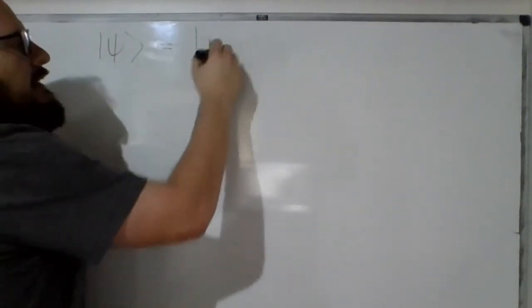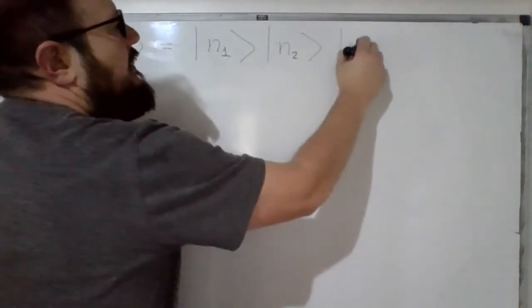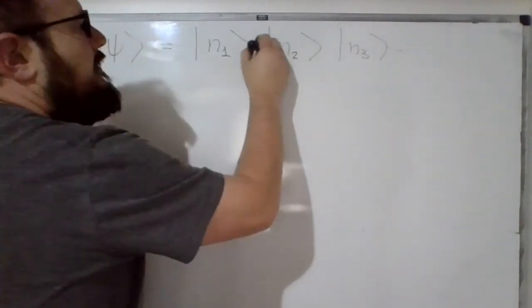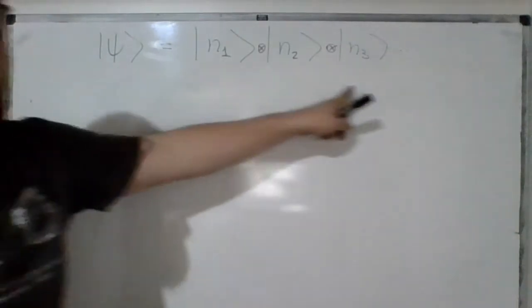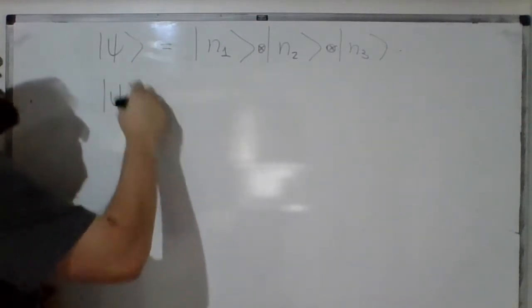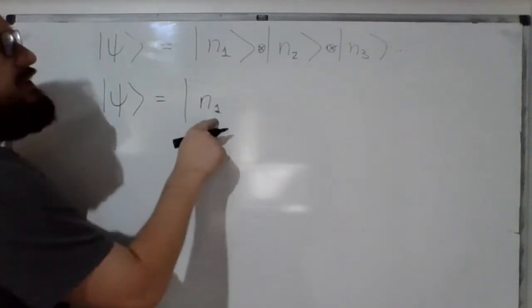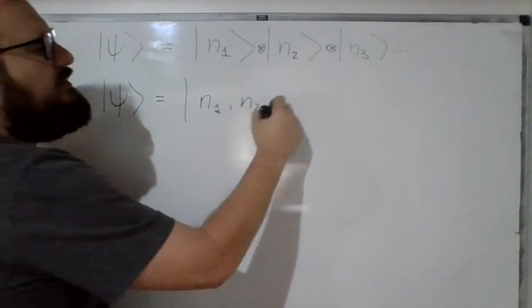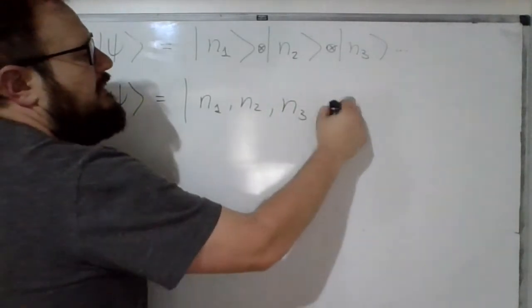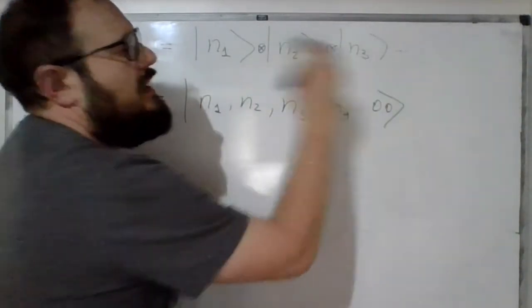So suppose the ket state of your system can be written as a product n1 times n2 times n3, which is a tensor product of states, which can be represented in the number representation as a state with n1 particles in state 1, n2 particles in state 2, n3 particles in state 3, n4 particles in state 4, and so on, and zeros for the unoccupied states.